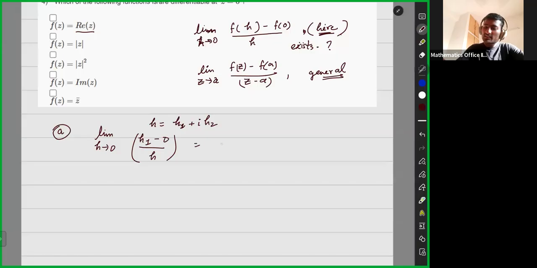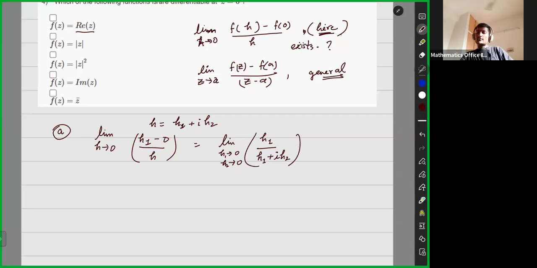We'll solve it. Limit h going to 0 is the same as h1, h2 tending to 0, and in the numerator we have h1, in the denominator we have h1 plus i h2. Now you see here, if we go via the x-axis, h2 is always 0, right?